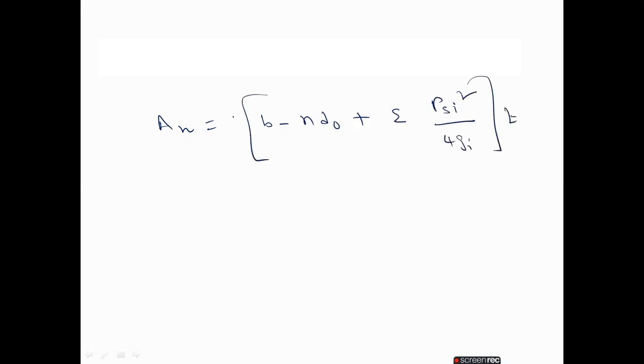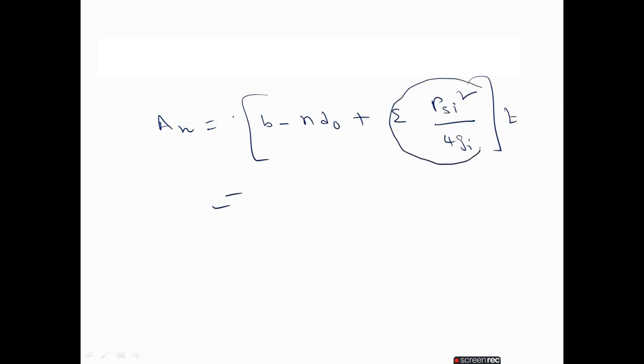Now calculate the An value, the net effective area of the critical section. We know the formula: p minus n d0 plus summation of psi square by 4gi, into t. So whenever there are staggered bolts, we will use this one.